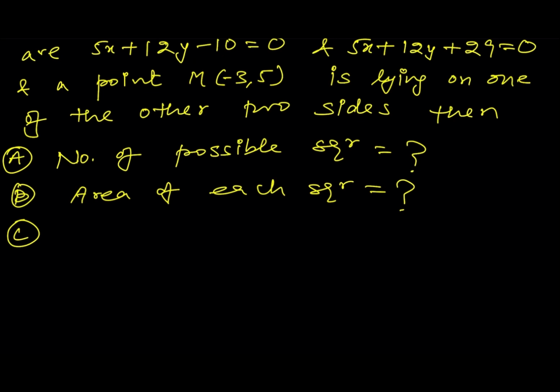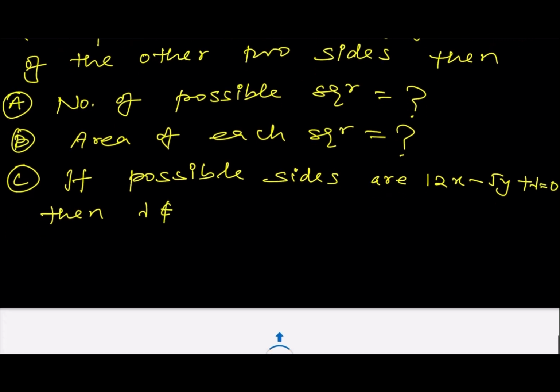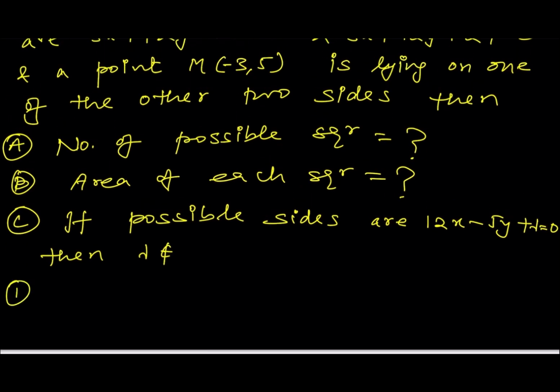And C, if possible other sides are 12x minus 5y plus lambda is equal to 0, then lambda does not belong to: 1, 61; 2, 22; 3, 100; 4, 36.